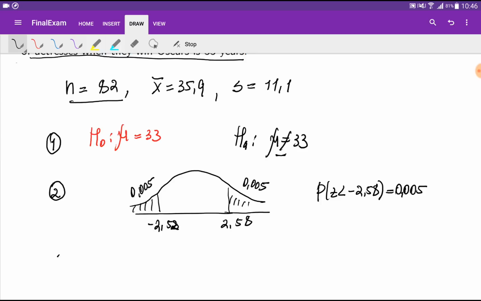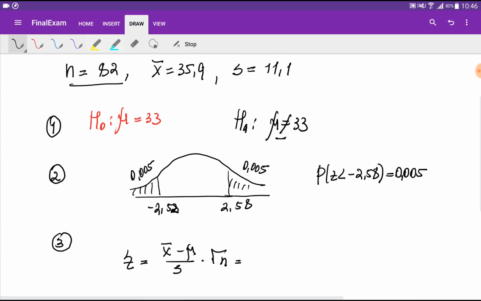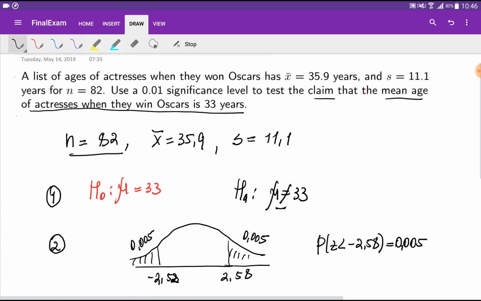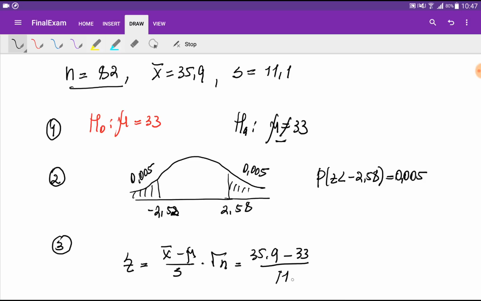So in the third step, we need to calculate the test statistic. The test statistic for the mean is calculated as Z equals x bar minus mu, divided by the standard deviation divided by the square root of n. So in our case, the test statistic is 35.9 minus the mean, which is 33, divided by the standard deviation, which is 11.1, divided by the square root of 82.